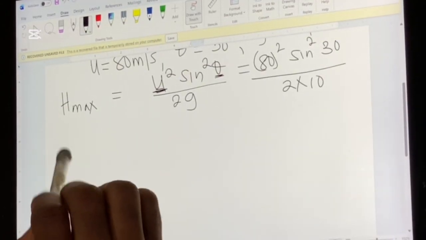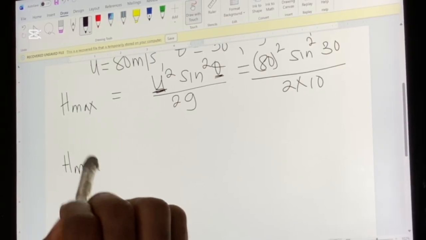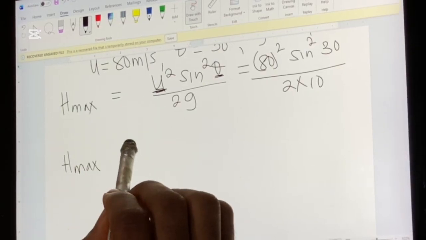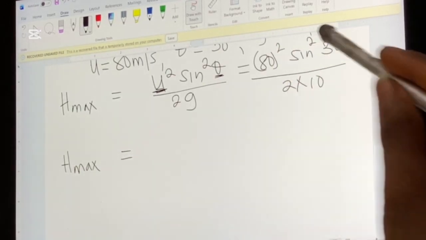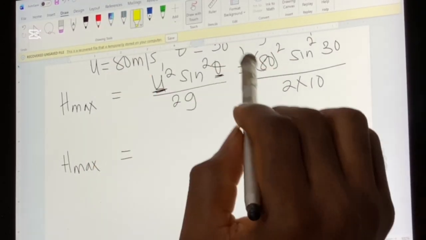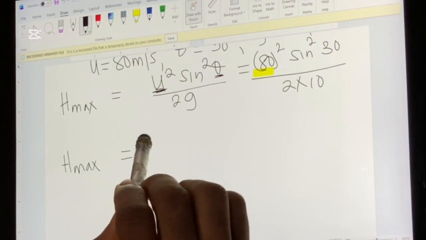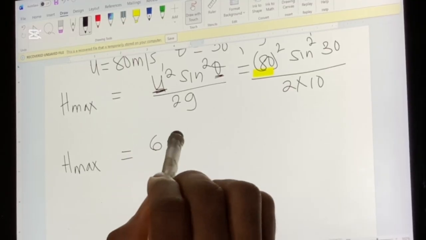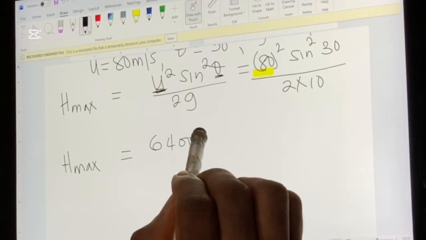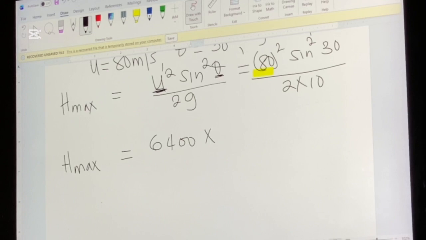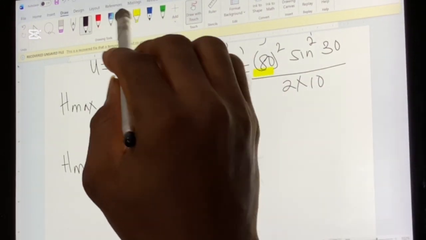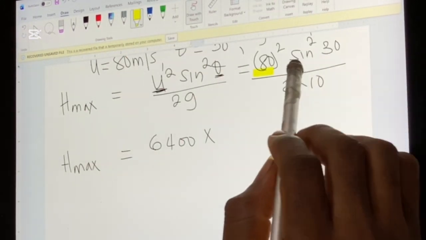That is our maximum height is equal to, class, 80 all squared. 80 all squared simply means 80 times 80. Now we have this to be 6400, please take note, times... okay class, let's understand this expression.